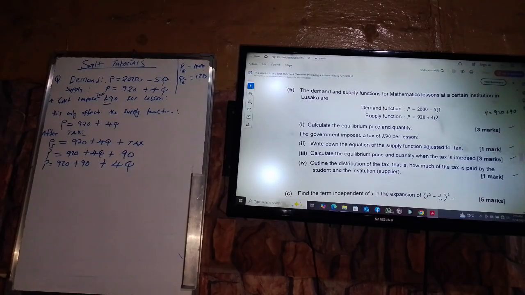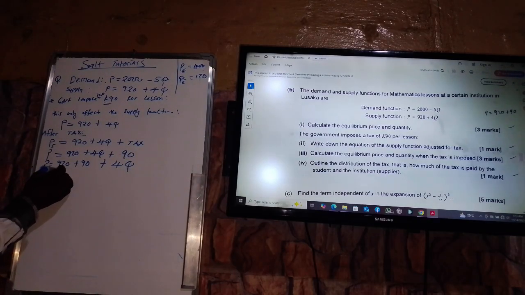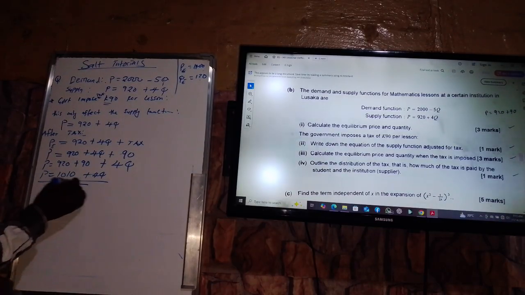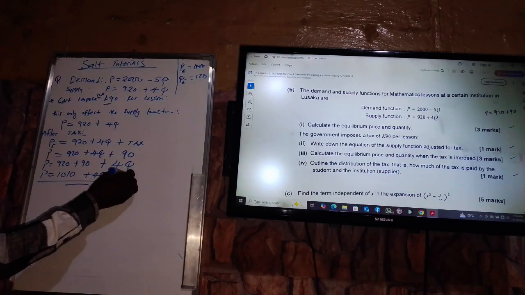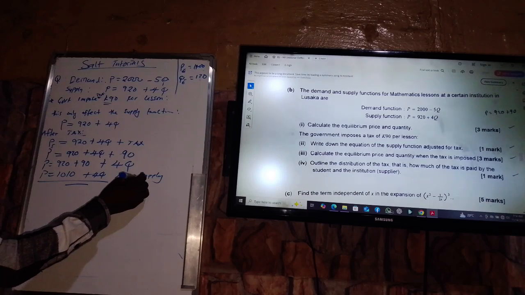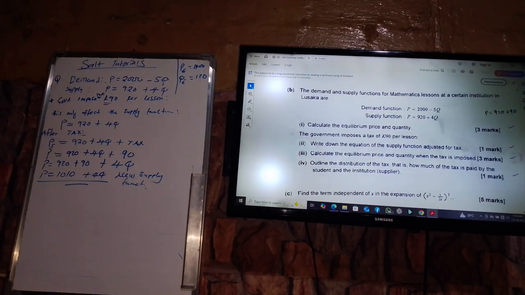So 920 plus 90 is going to give me P equal to 1010 plus 4Q. This is my new supply equation after tax was imposed.